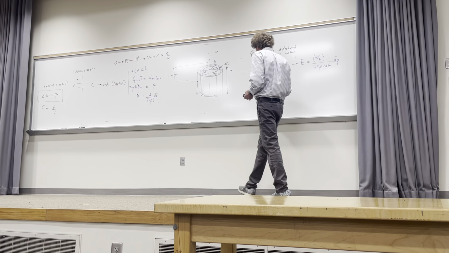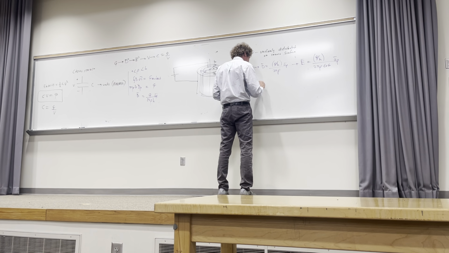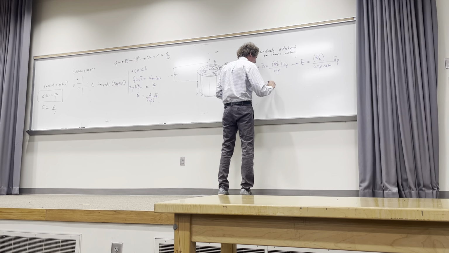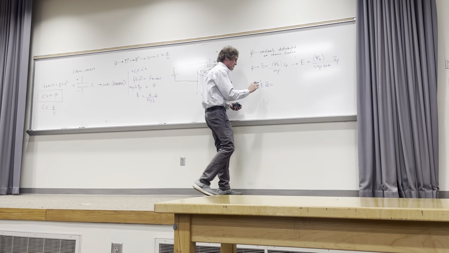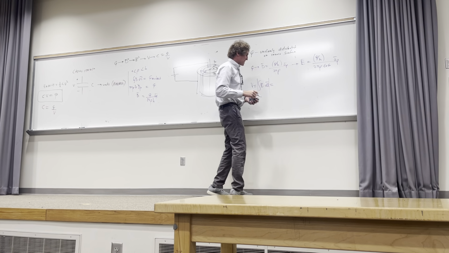And finally, I need V, which is the integral of E dot dl. Okay, and we know it's going to be strictly positive, right? So what's that going to be?